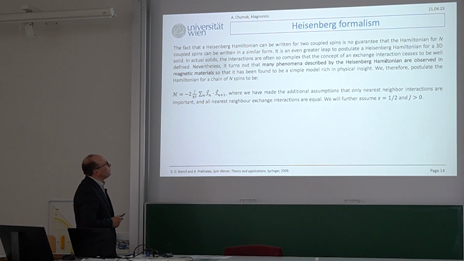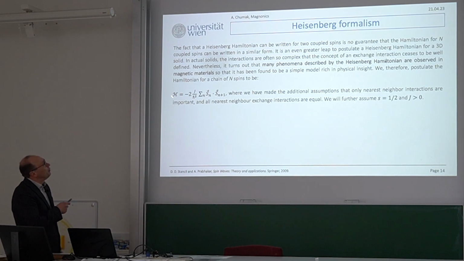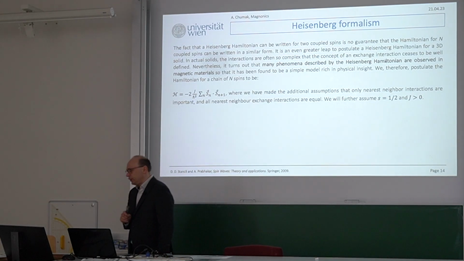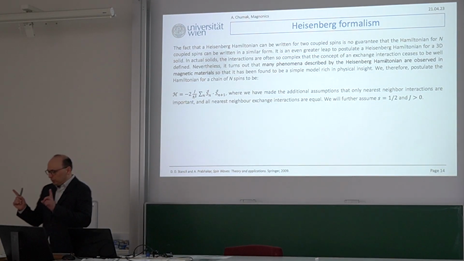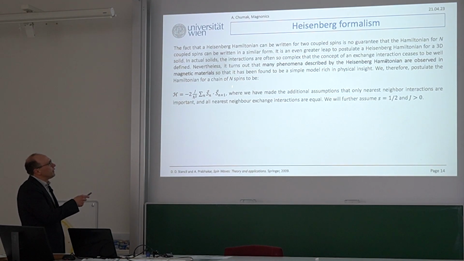Now we need to come to the Heisenberg Hamiltonian. As I said, many phenomena can be described by the Heisenberg Hamiltonian, even if it's not a one-dimensional chain where you have only one or two neighbors, but in 3D structures. Therefore, we still can use this model.